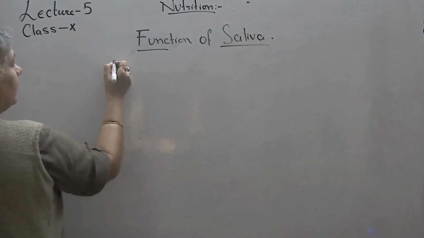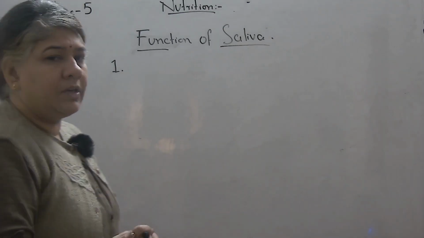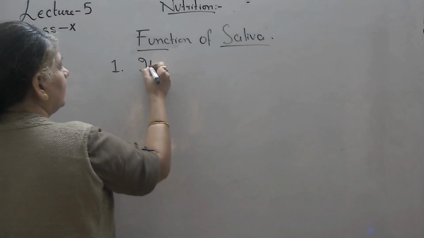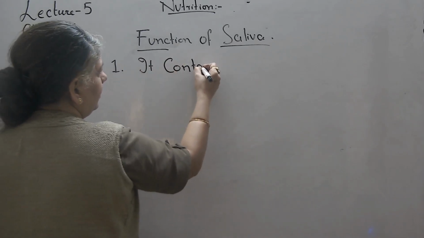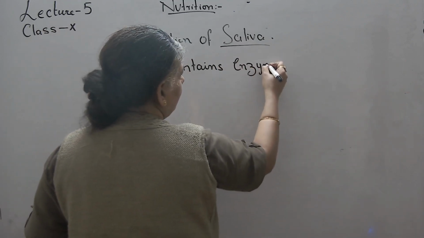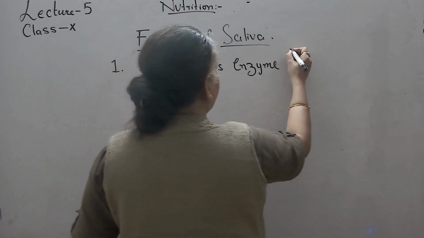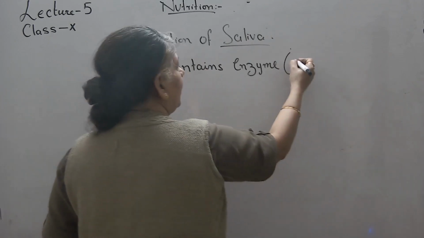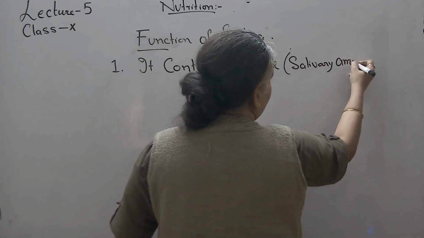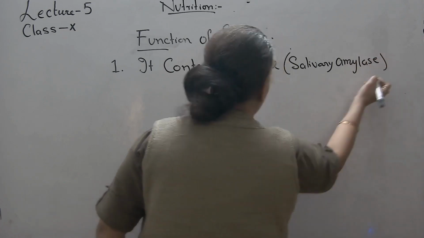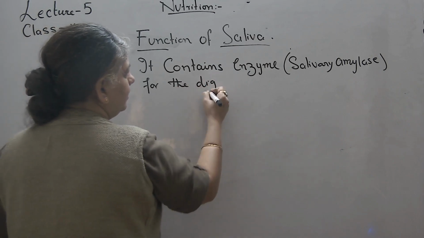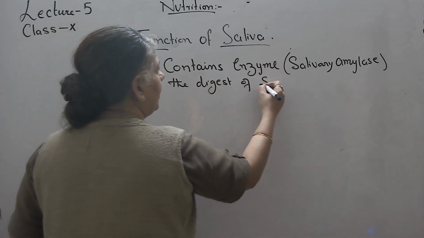The easiest one is that it contains an enzyme. You can also write the name of the enzyme, salivary amylase, for the digestion of starch.